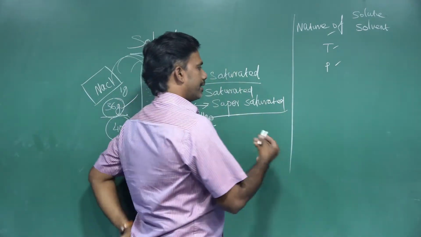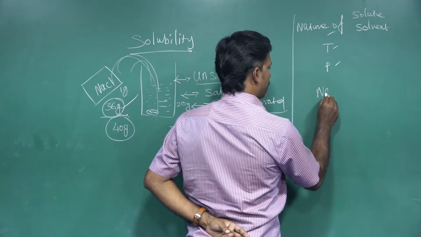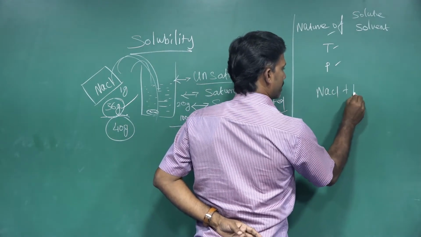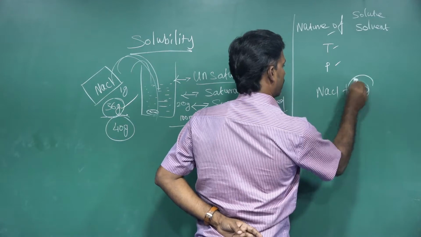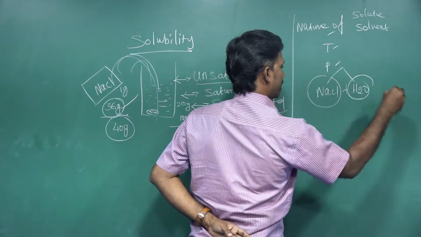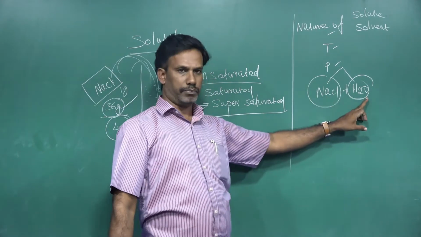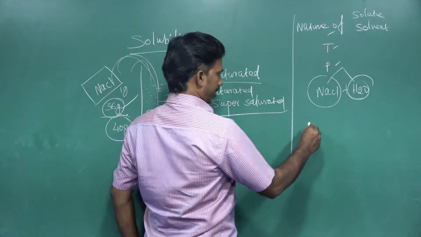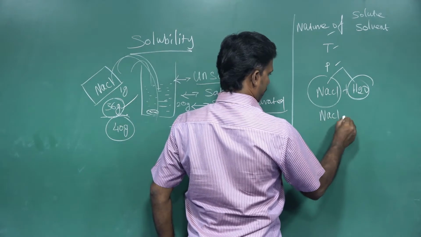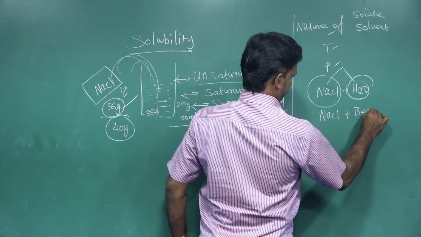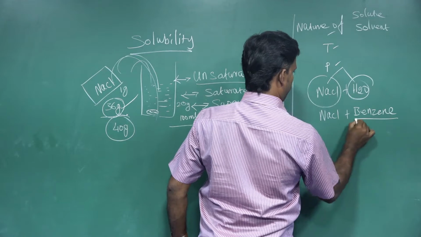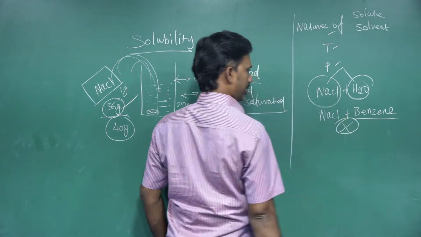Nature of solute and solvent. For example, the same example we can take. NaCl is a polar compound. When it is dissolved in water, water is also a polar compound. A polar solute dissolves in a polar solvent. If I take NaCl in benzene, benzene is also used as a solvent, but benzene is non-polar, so no dissolving takes place.